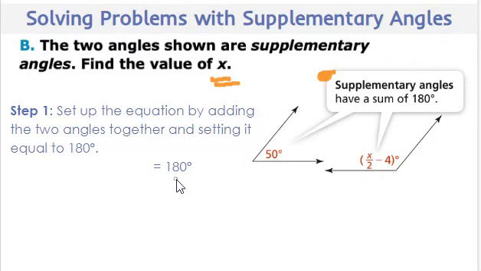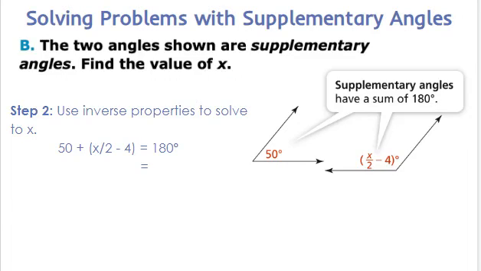Set up the equation by adding the two angles together and setting it equal to 180 degrees. So we have 50 plus x over 2 minus 4. So here we have our same equation, and we're going to start off the same way by doing our inverse properties.